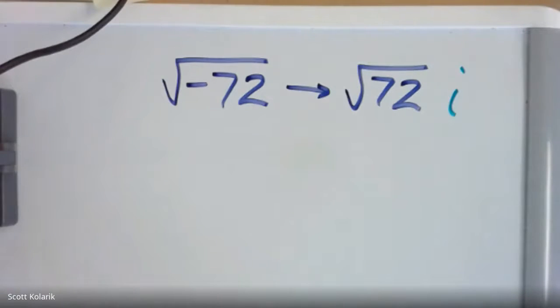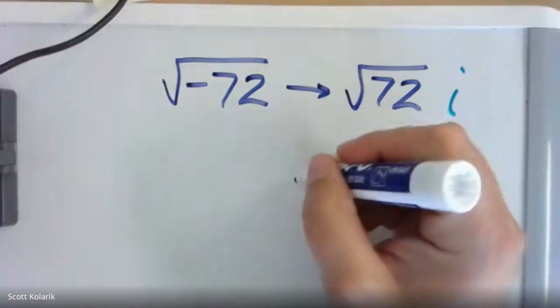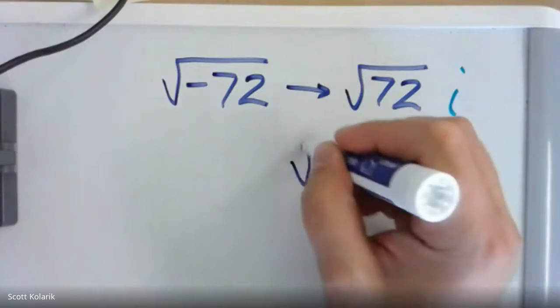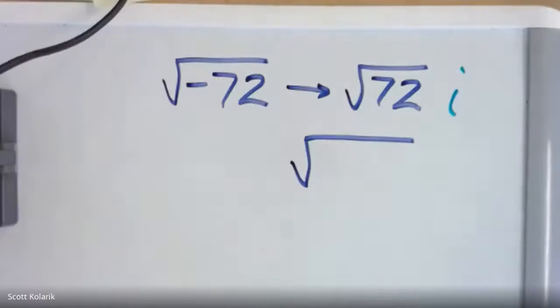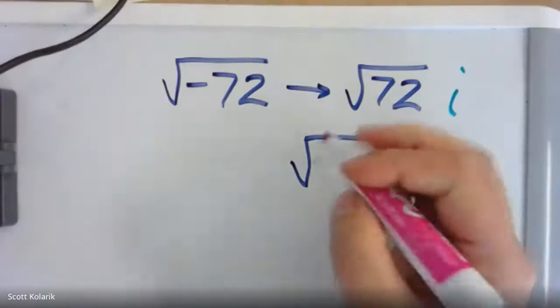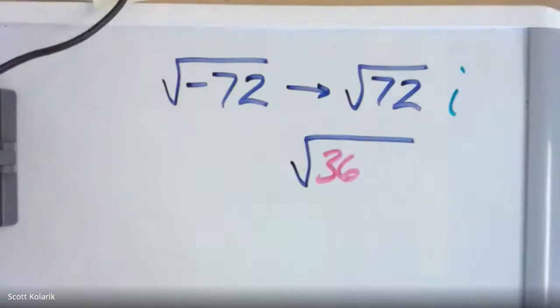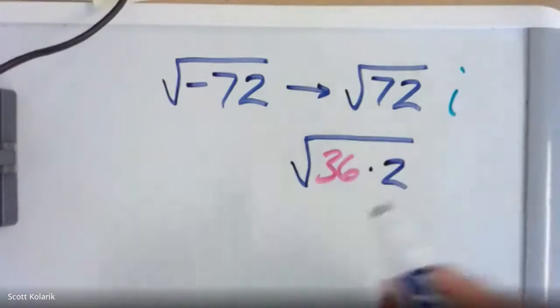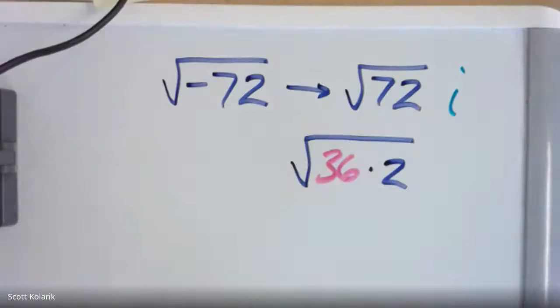So let me show you what this looked like. Again, this is a relation back to section 1, these examples. 72 can be rewritten as 36 times 2. So 36 times 2 gets me right back to the 72.